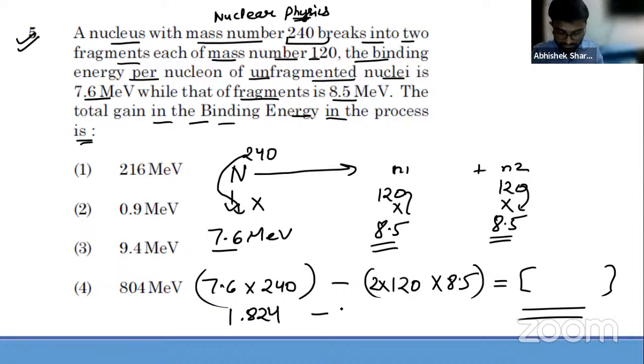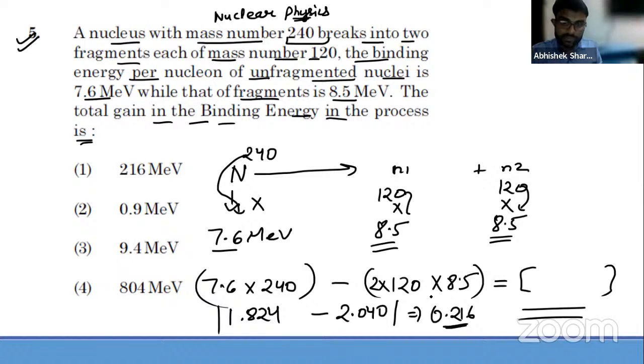This comes out to be 2.040. Let us take a mode because we want the energy now. So 2.040 minus 1.824 is equal to 0.216. So this is, by the way, mode ka aaya hai 0.216.